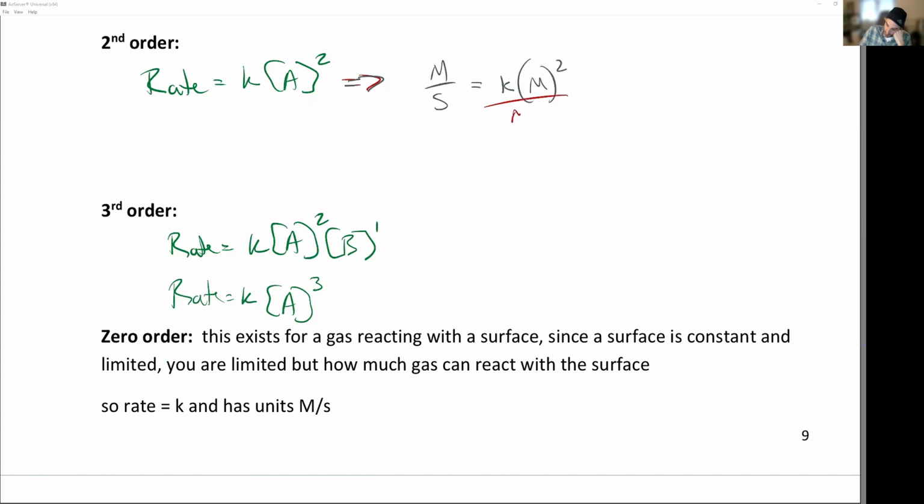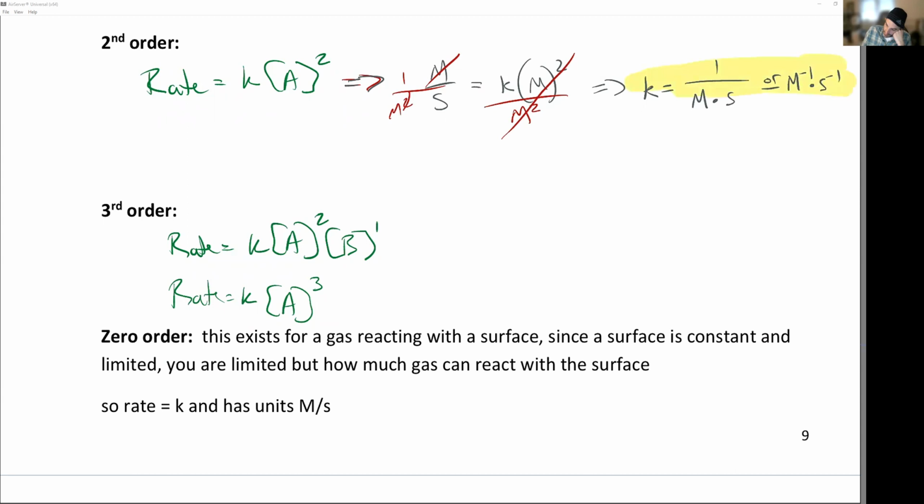Divide both sides by molarity squared. Both of those molarities cancel out, and what you end up with is k is equal to 1 over molarity times seconds, or molarity to the -1 seconds to the -1.